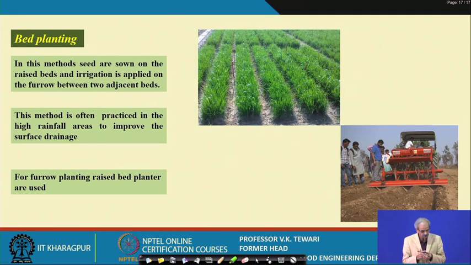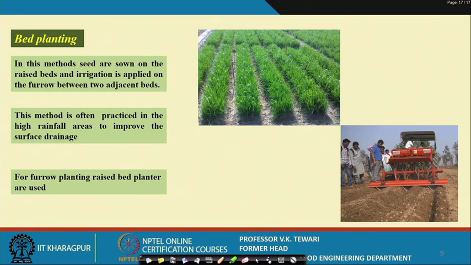These are generally done in high rainfall areas because you require a certain drainage. If it is there through the depression or the furrow, the water could be drained and you get a good quality of the plant and hence the field. So, furrow planting and raised bed planters are used.